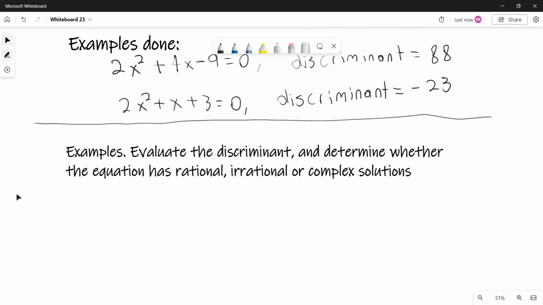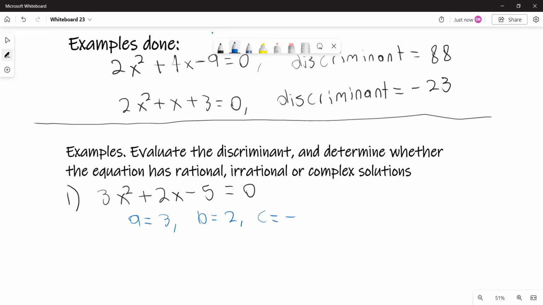Example number 1. The equation is 3x squared plus 2x minus 5 equals 0. We're not solving the equation. We're just going to use the discriminant to determine the number and type of solutions. So a is 3, b is 2, and c is negative 5.